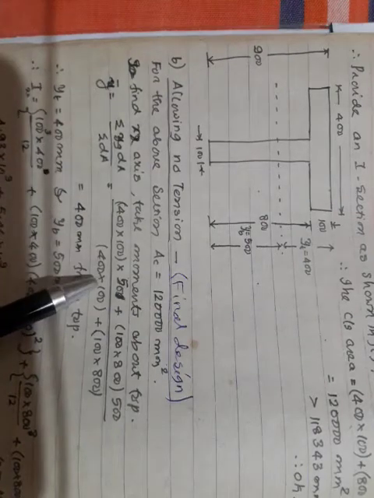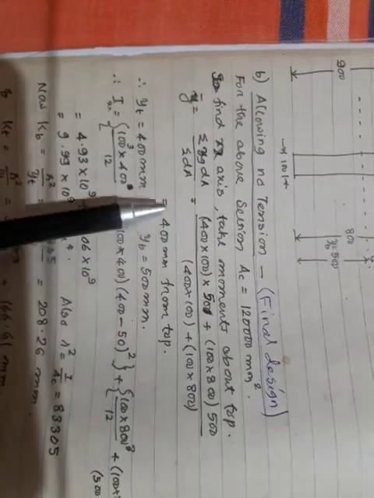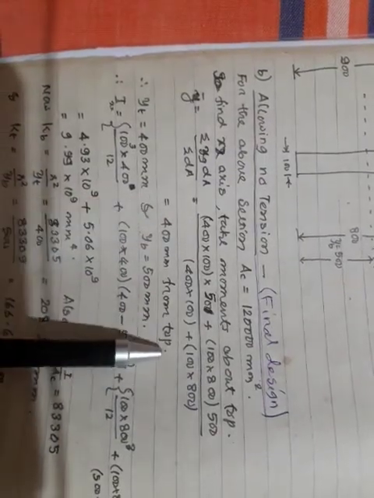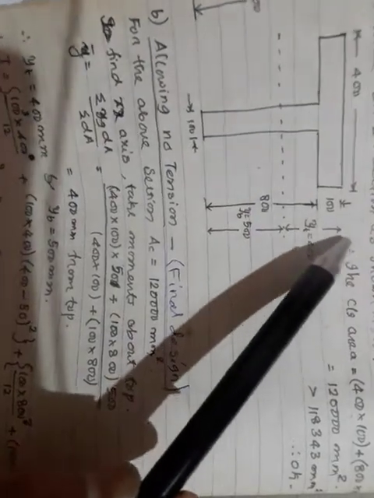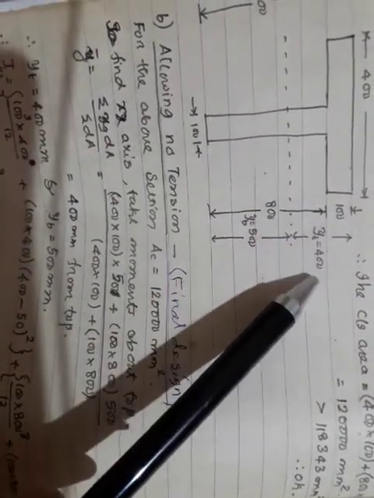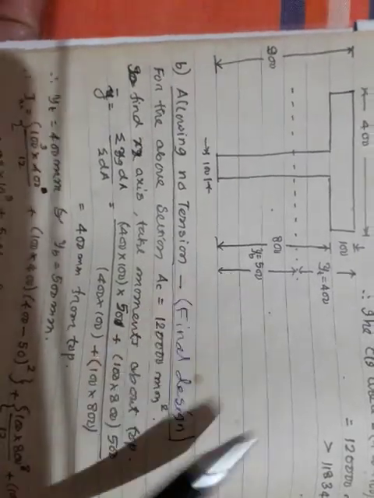Sigma dA means the summation of the areas. So it will give you 400 mm from the top. In the sense, your CGC lies at 400 mm from the top, so your YT is 400, and the remaining YB you can easily calculate because this total is 900. So YB should be 500 mm. So I can mark YT and YB now.